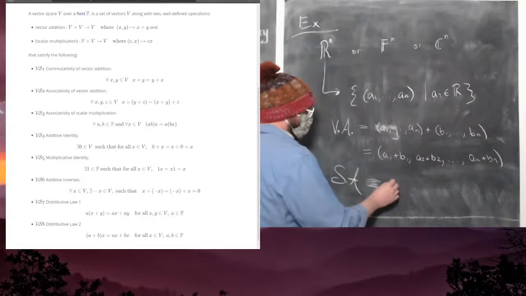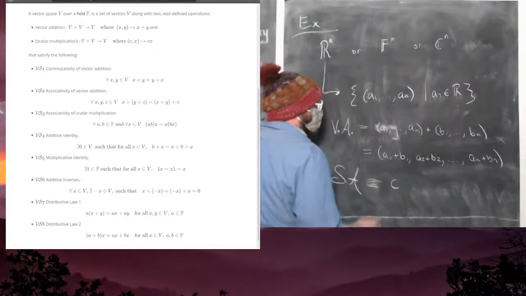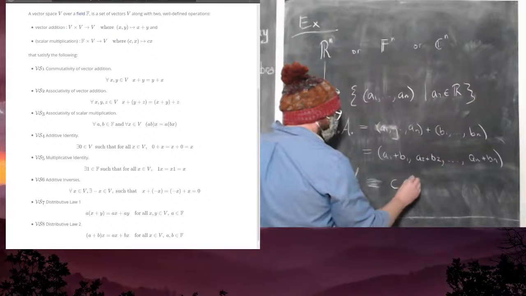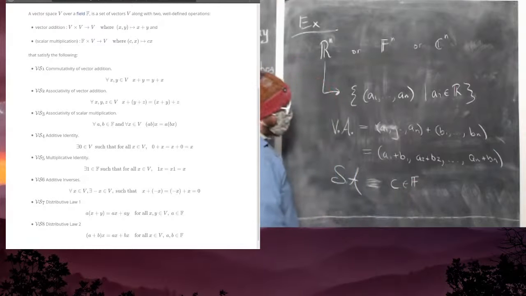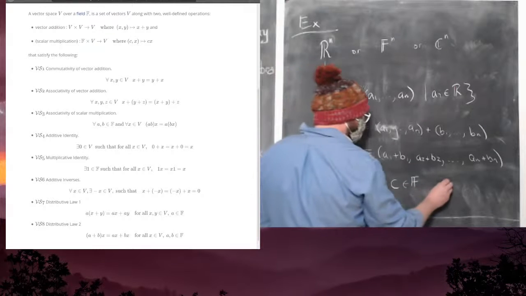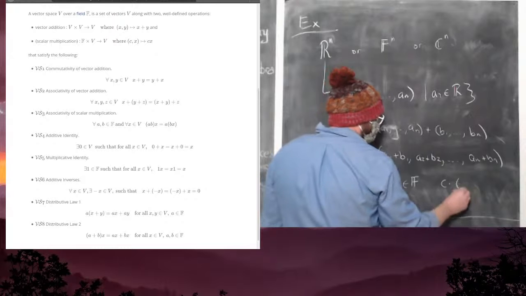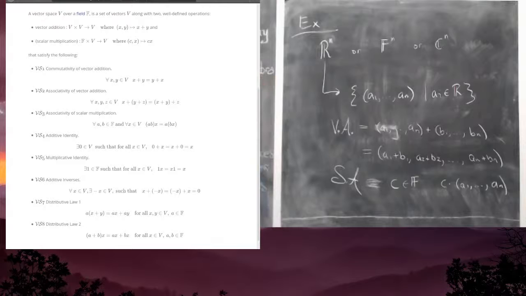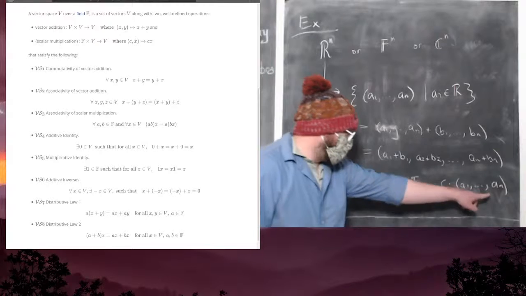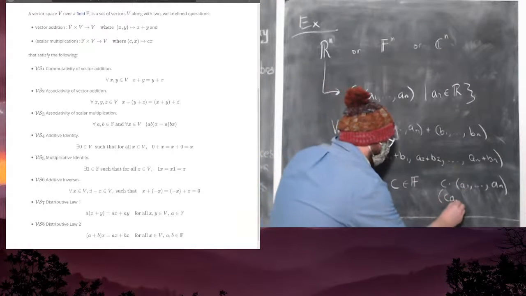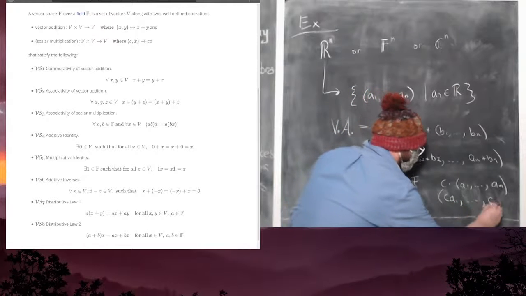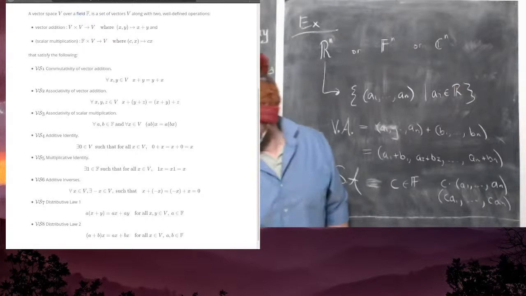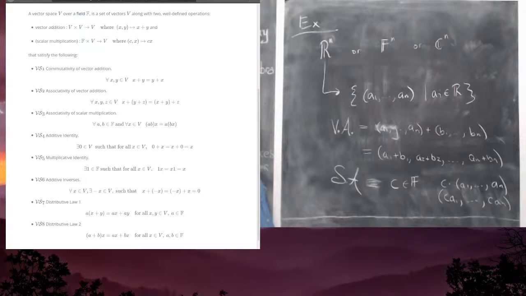We take some constant, in this case a real number, or whatever the field element is. Then if we have c times (a1, ..., an), we do the obvious thing, we just distribute the constant across all the components. Pretty standard stuff.